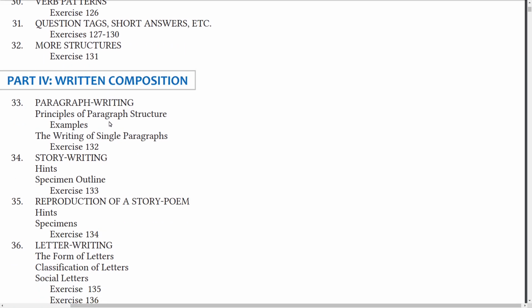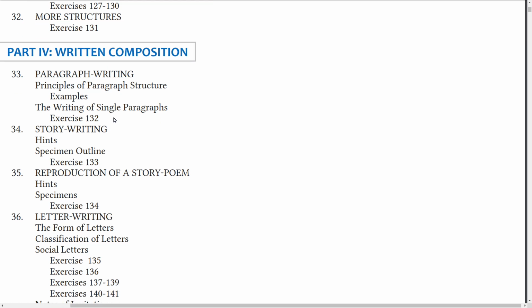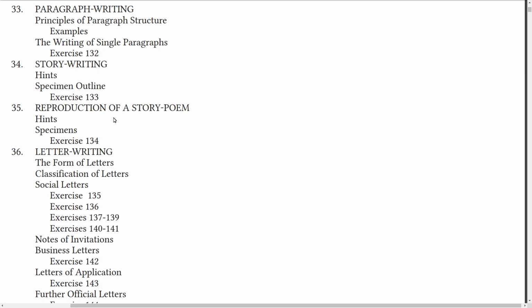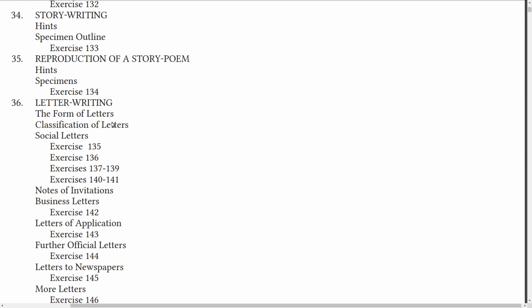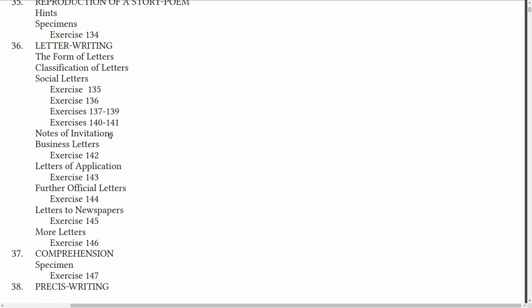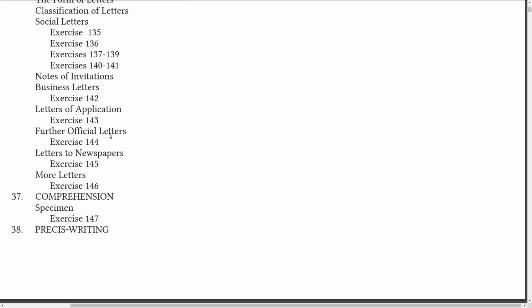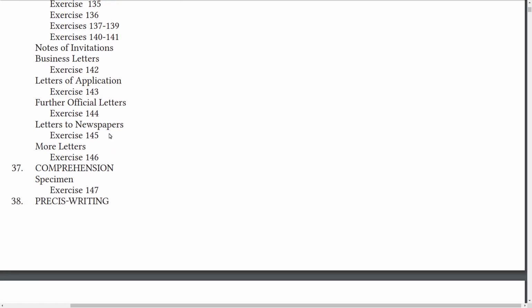And then the fourth part will be written composition. That means how to write a paragraph, how to write an essay, story, letter, different formal letters, informal letters, business letters, newspapers, comprehension, and precision writing, accurate writing.